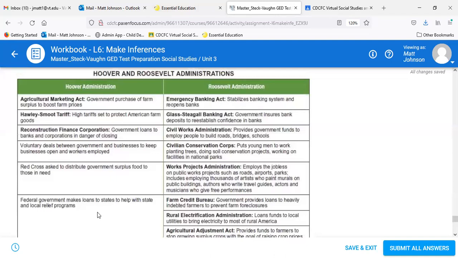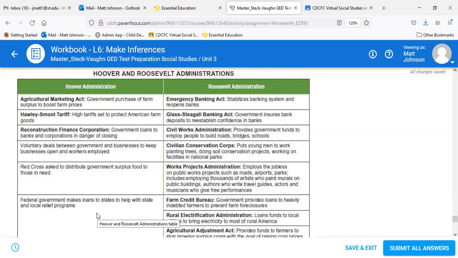Was this federal overreach? Conservatives today, particularly hardcore conservatives, will say this was the beginning of federal overreach and overspending in our government because of Roosevelt's programs and acts to try to bring us out of the Great Depression.